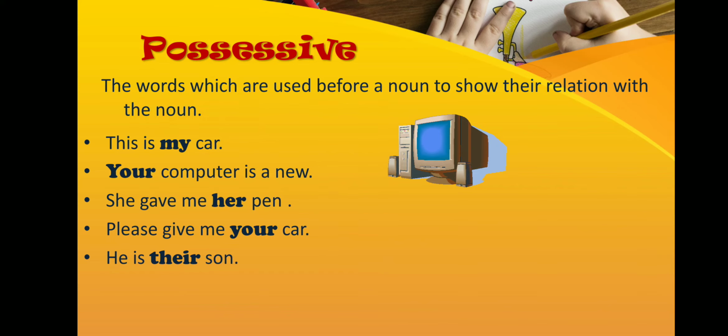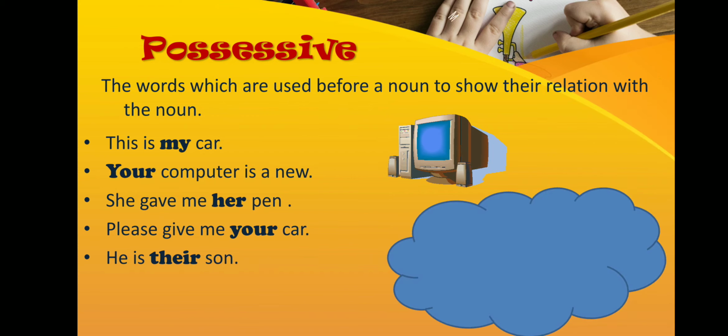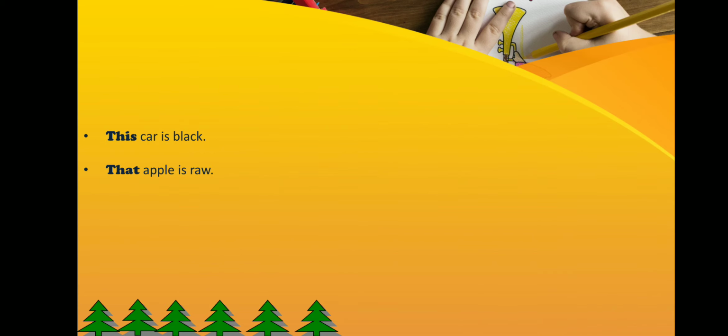So here "my" came before car, so it is a determiner, but it also shows relation with the car. So it is a possessive determiner. In the similar manner, your computer is new. She gave me her pen. Please give me your car. And he is their son. So, my, your, her, your and their all are determiners, and those are possessive determiners.